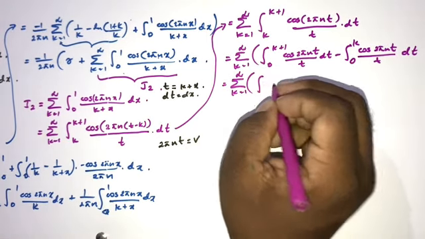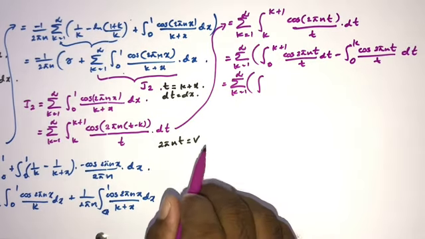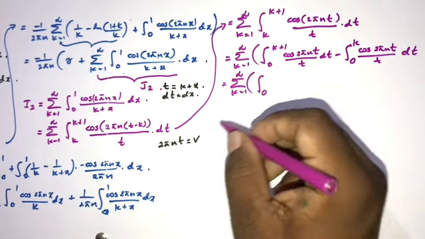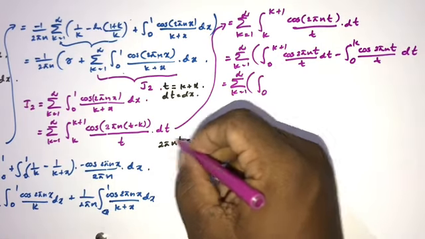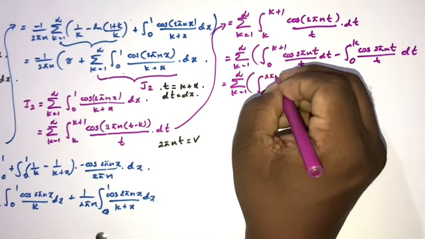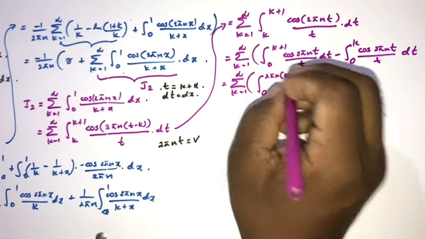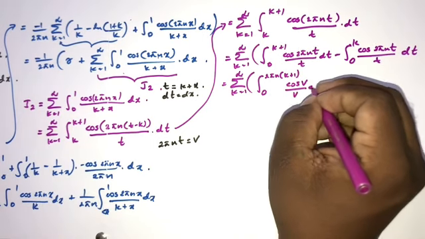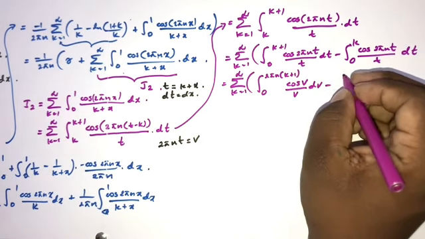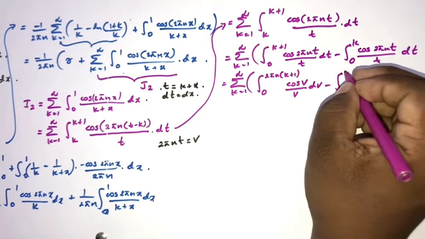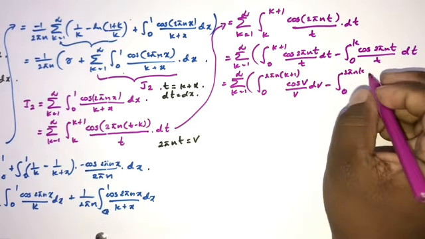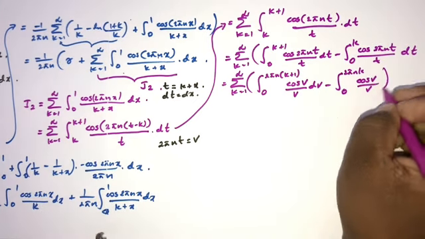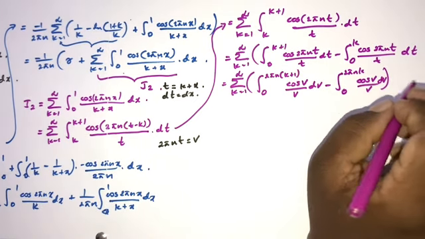Now the limits: the lower limit, when t approaches 0, v also approaches 0, and when t approaches k plus 1, v approaches 2 pi n times (k plus 1). So here we have the integral of cosine of v over v dv minus the integral from 0 to 2 pi nk of cosine of v over v dv.